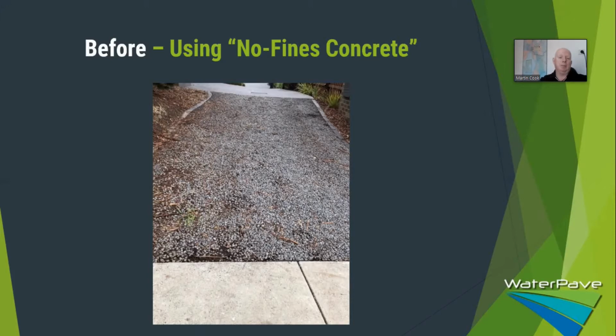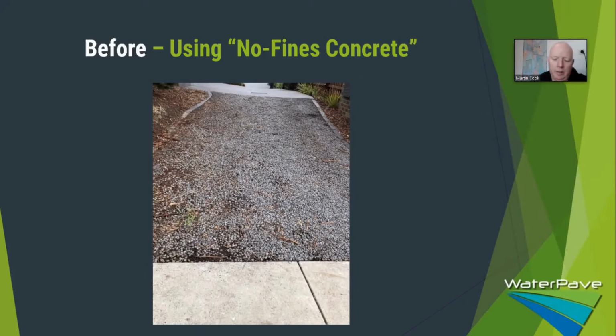This one's in Melbourne, Victoria. That area couldn't be concreted. It had to have a medium or a product that allowed the water to go through back into the ground to feed the roots of the tree. So obviously people didn't realise that no fines concrete wasn't the right product to put in.